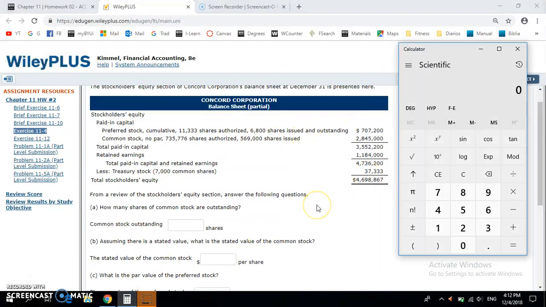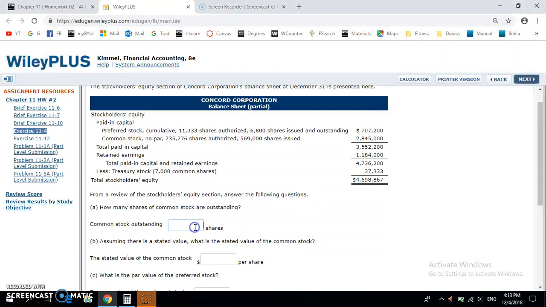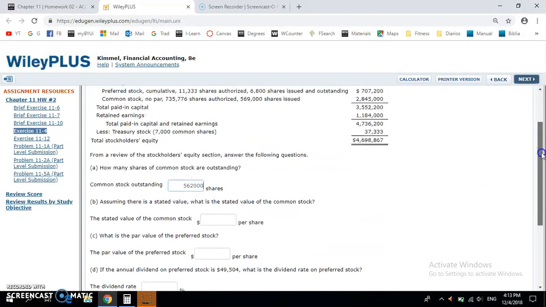We know that 569,000 are issued, and we know that 7,000 have been recaptured by the company as treasury stock. They have been rebought. So the outstanding number is 562,000. Hopefully, we'll see when we submit it.